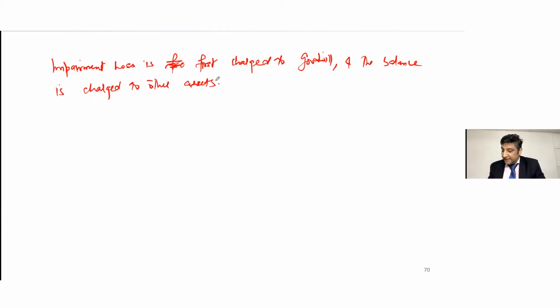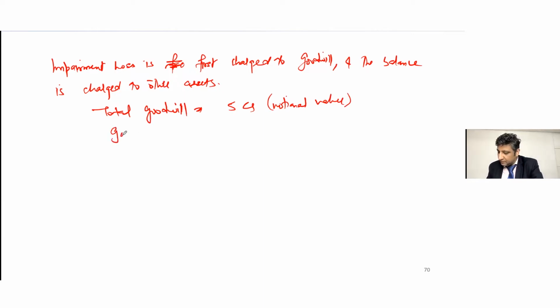Now, importantly, in this case, what we want to remember here is that the total goodwill is 5 crores, which is the notional value. Okay. But the true goodwill on acquisition is indeed 4 crore rupees as far as S Limited is concerned.